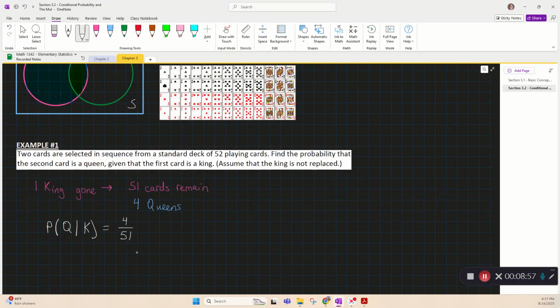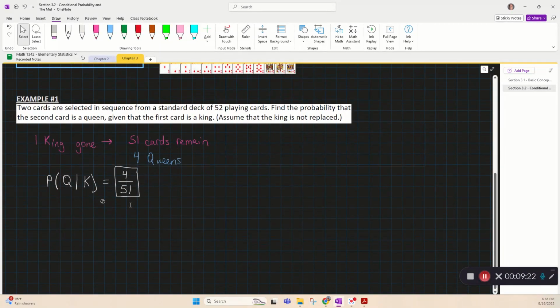So now that 52 card deck is down to a 51 card deck. But all 4 queens are still there. So that's why I got 4 out of 51. That's conditional probability. That's about as simple as I can put it for conditional probability.